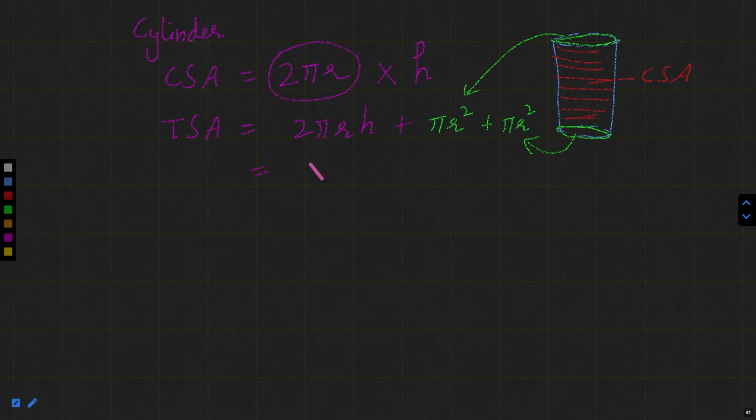In short, we write 2 pi r times (h plus r). I hope this is also clear. Now for volume, we have pi r square h. Okay, I hope this is also clear.